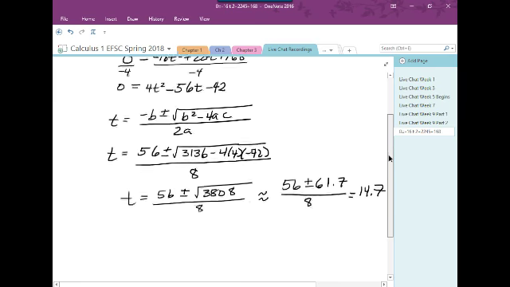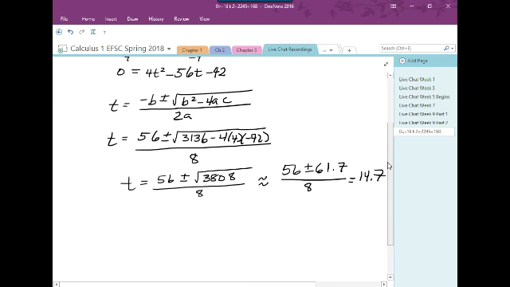All right. So now the question was, what's the velocity at that time? So we're going to have to plug into the velocity function. So we're finding v of 14.7. And remember, the velocity function was the derivative of the position function.